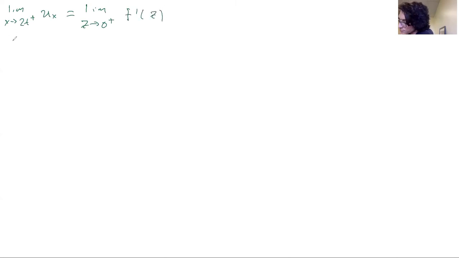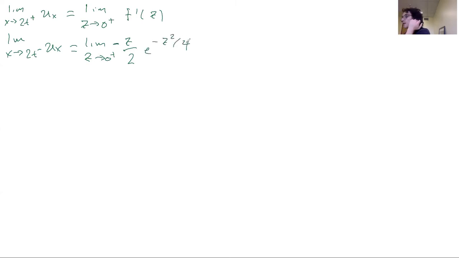of z, and the limit as x goes to 2t from below of u sub x is going to be the limit as z goes to 0 from above of just z over 2, okay, minus e to the minus z squared over 4, okay?